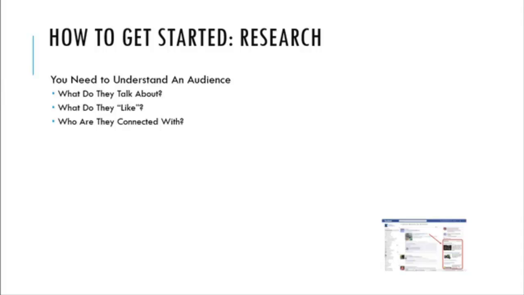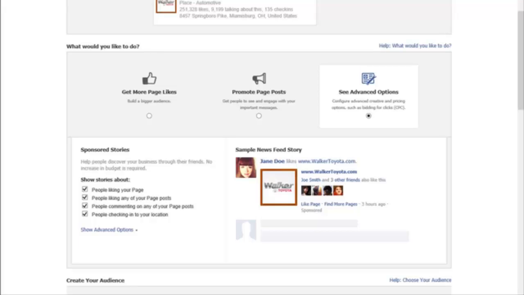Although we're not going to get specific into the Facebook ad network in this video, I do want to show you a portion of it so that you can understand why I'm saying here at the beginning, before we talk about ads, before we talk about the ad network, that you must understand your audience with Facebook. Let's take a look at the Facebook ad network from the inside so that you can see what I mean.